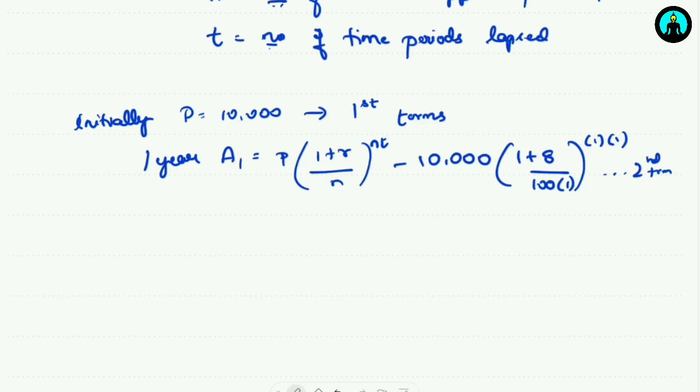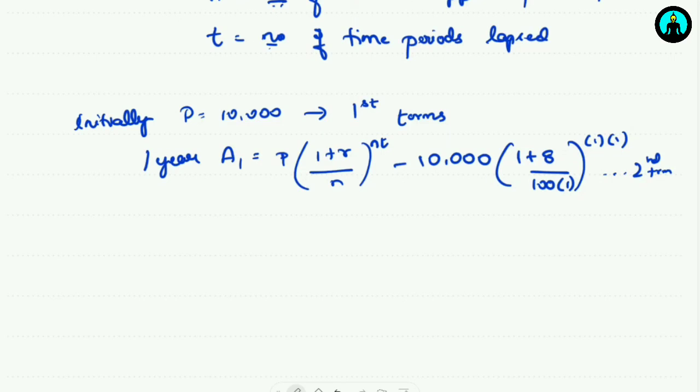N is 1 because the time period is 1 year. The value of T here is 1 because the time period elapsed is also 1, since the compound interest is added for each and every year. So for the first year, this is the amount. We'll take it as the second term.